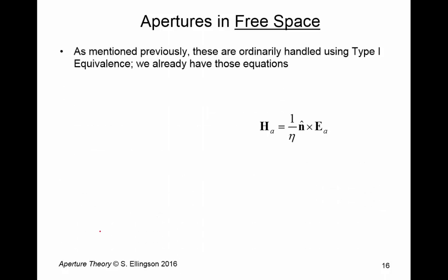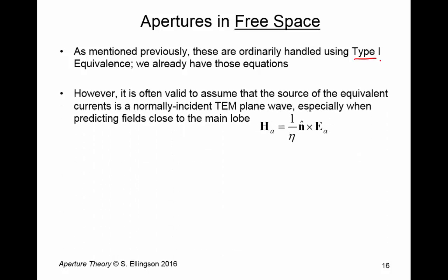Now, apertures in free space, as previously mentioned, are ordinarily handled using type 1. And we already have those equations. That's what I worked out previously. However, it's often valid, and we're getting ready to make another assumption here, that the source of the equivalent currents is a normally incident transverse electromagnetic plane wave.